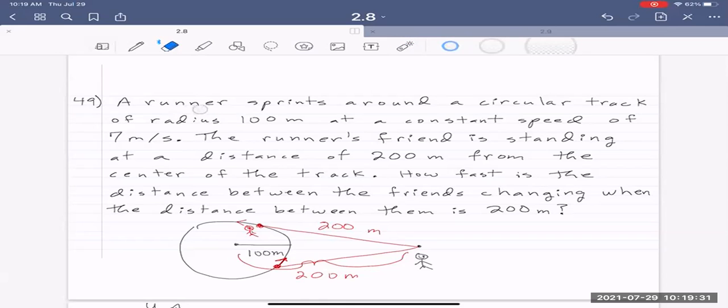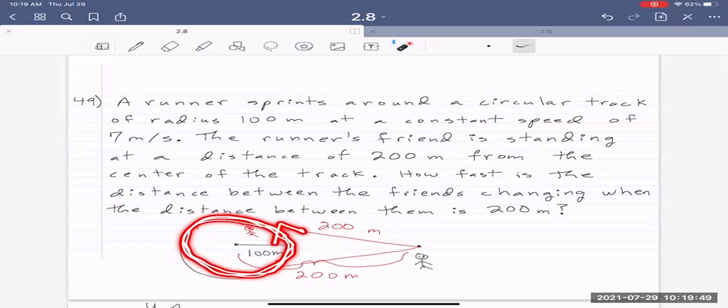And he's running around the track at a constant speed of 7 meters per second. He's on this track, and he's going in a circular motion. And so the distance that he travels along here is 7 meters in 1 second. So his change in arc length is 7 meters per second.